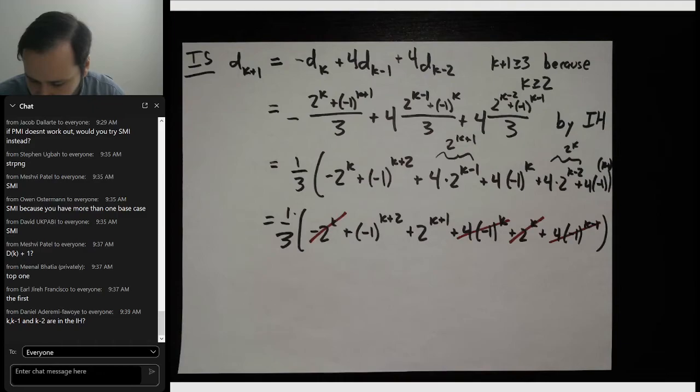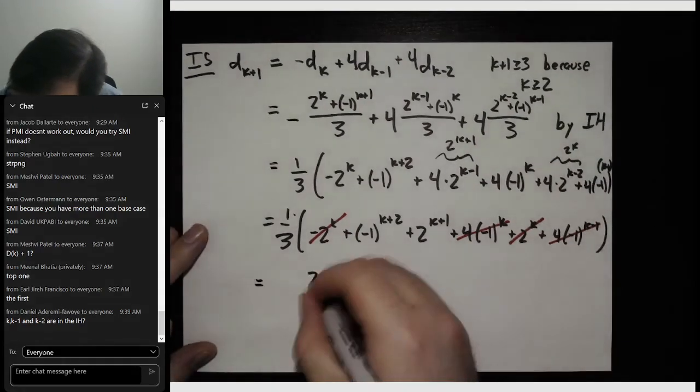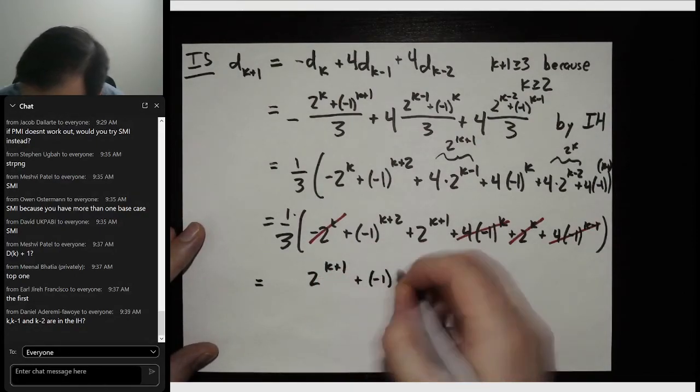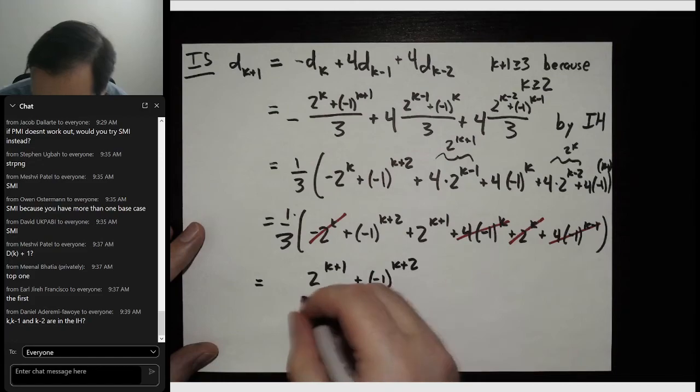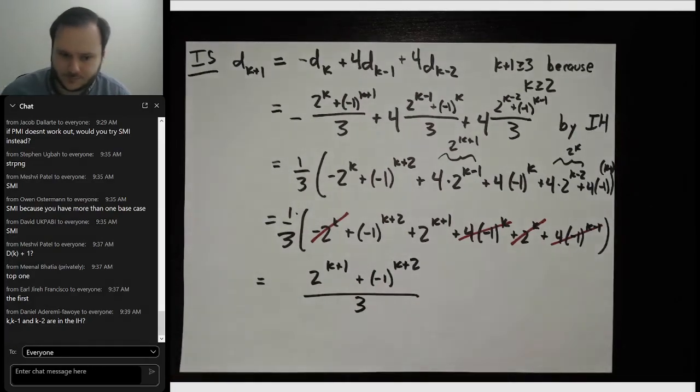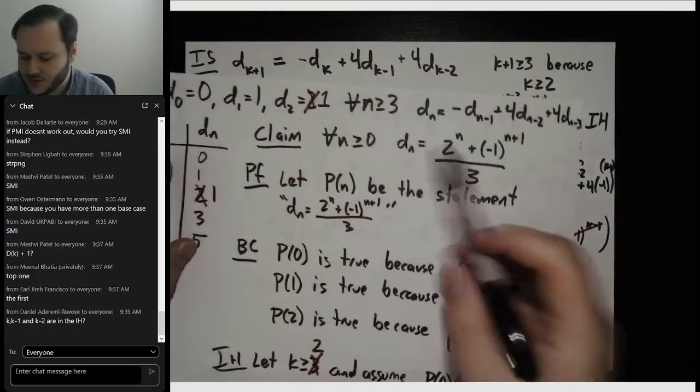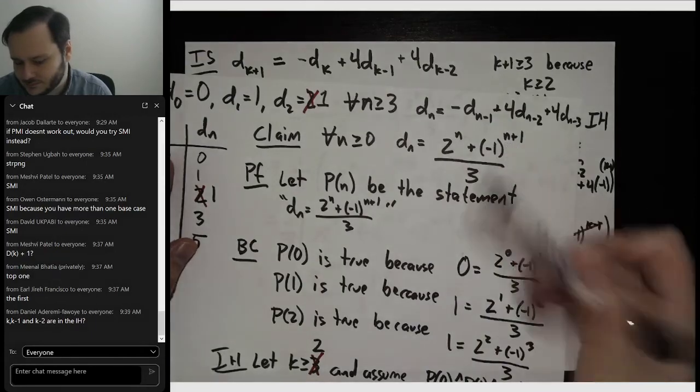So what I'm left with is 2 to the k plus 1 plus negative 1 to the k plus 2, all divided by 3. And this matches my formula if I plugged in k plus 1.